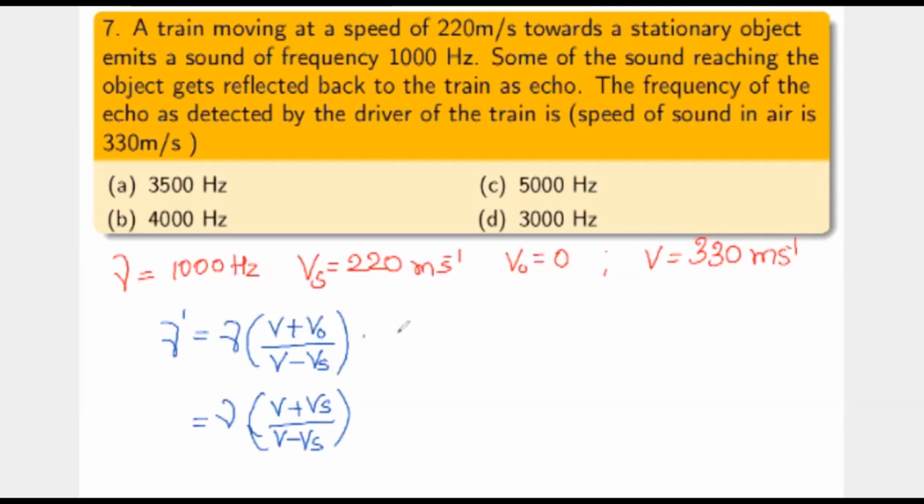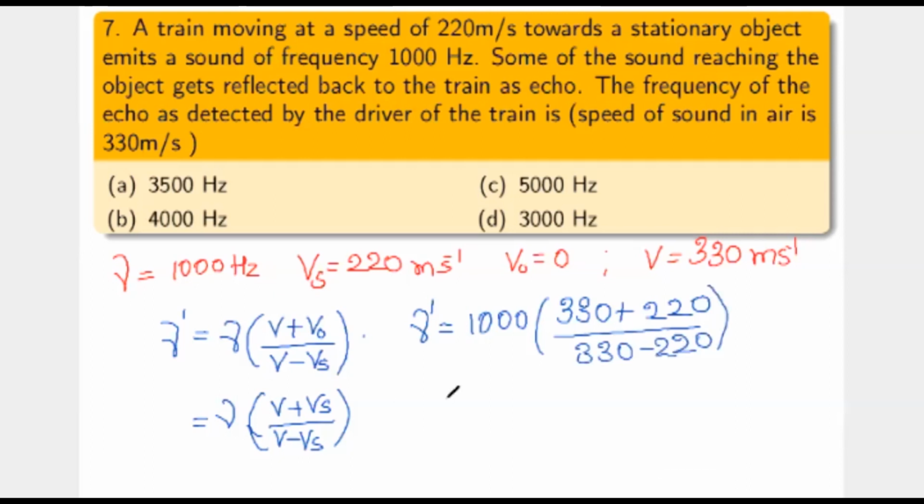So now substituting the values, we get nu prime to be 1000 into v is 330, and what is vs? Speed of the train. It is 220 meters per second, divided by 330 minus 220.